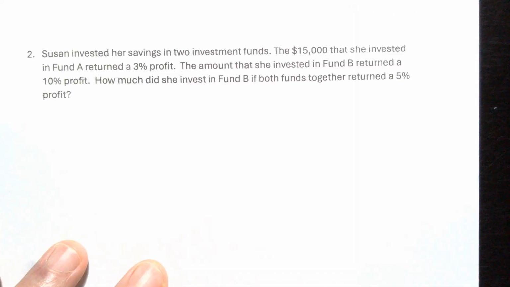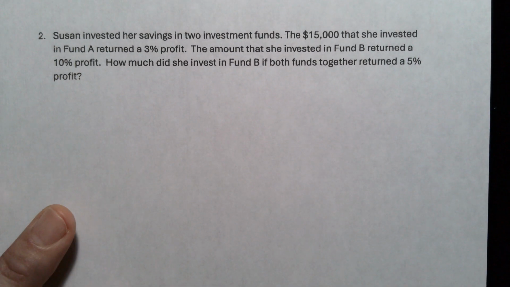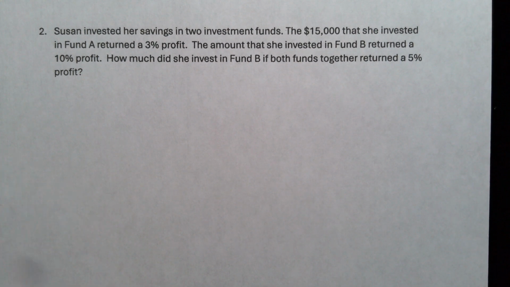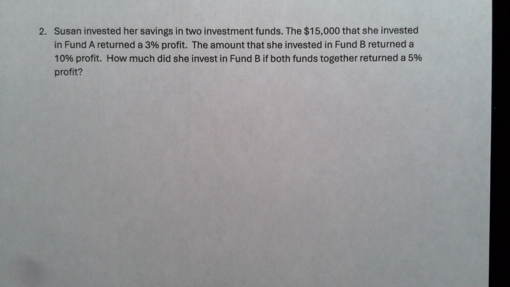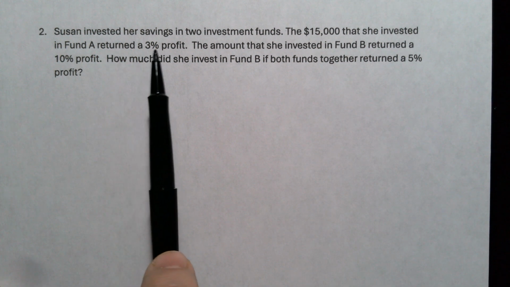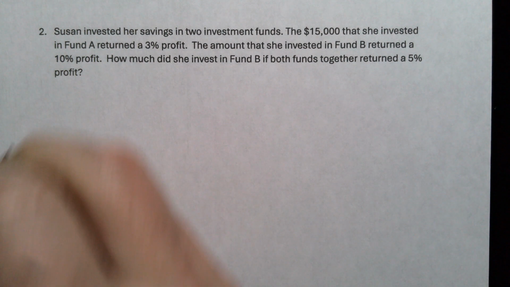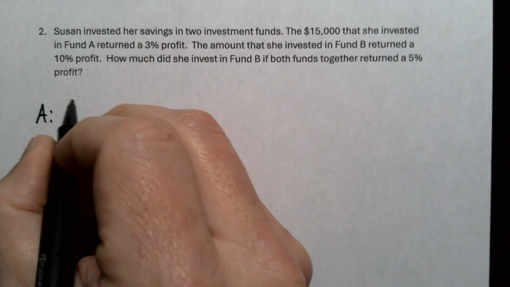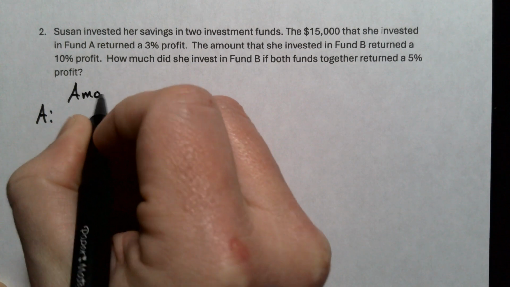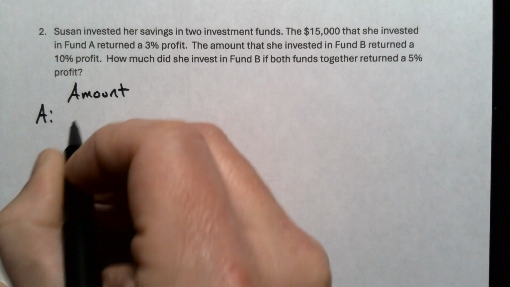Okay, let's look at another one. In this one, Susan invested her savings in 2 investment funds. The $15,000 that she invested in Fund A returned a 3% profit. So let's go ahead and start that. I'll write A, and I will say that the amount for A is $15,000.